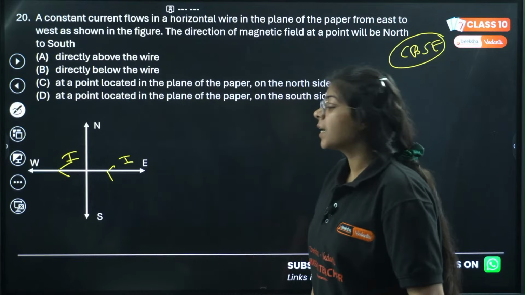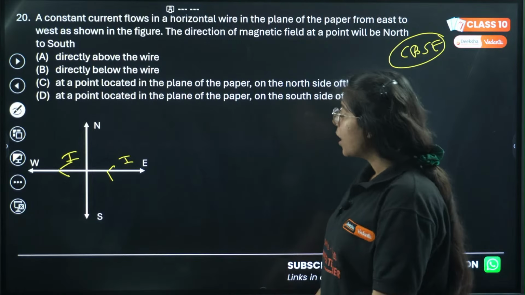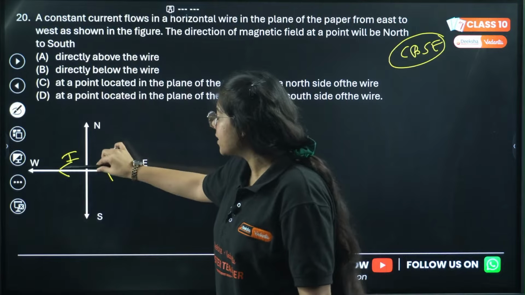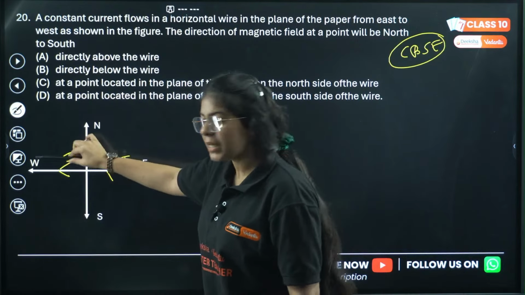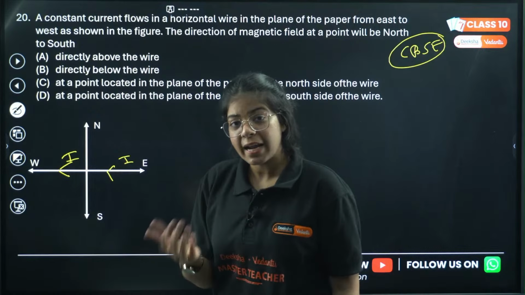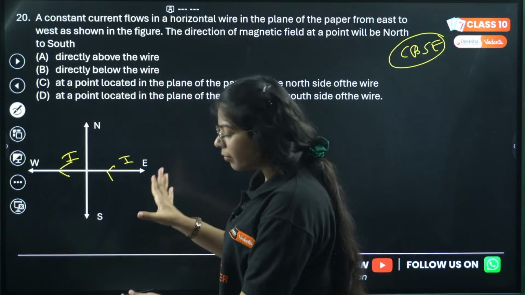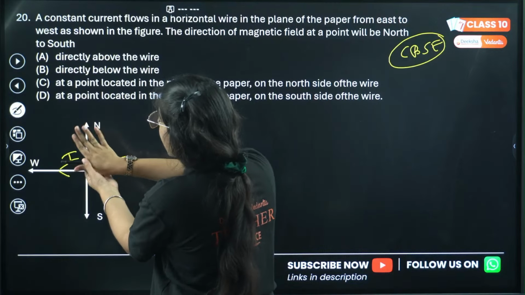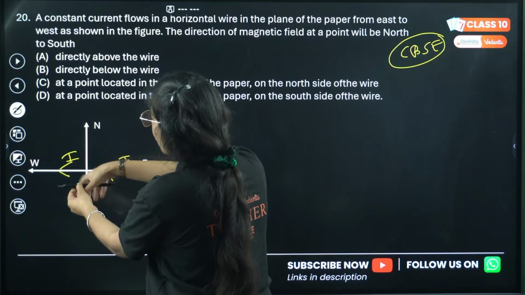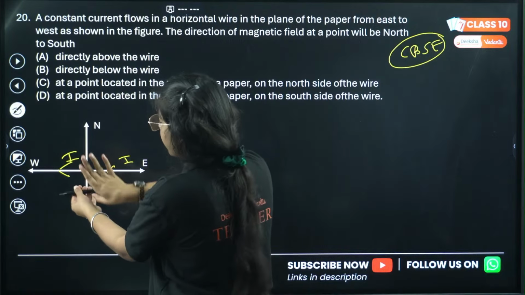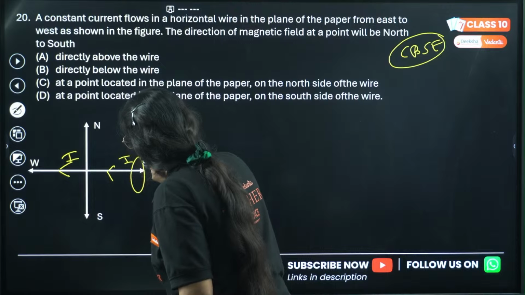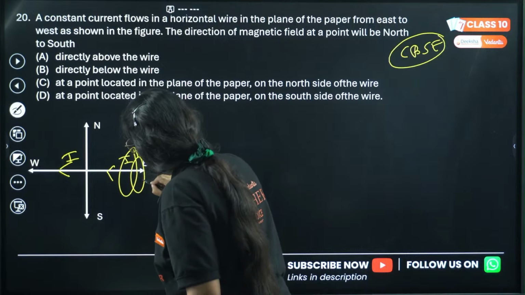Okay, let's see how we will calculate this. This is how my wire is located, and the current is moving from east to west. So we'll use the right hand thumb rule, and the thumb will point in the direction of current, east to west. My magnetic field lines will be concentric circles, something like this.